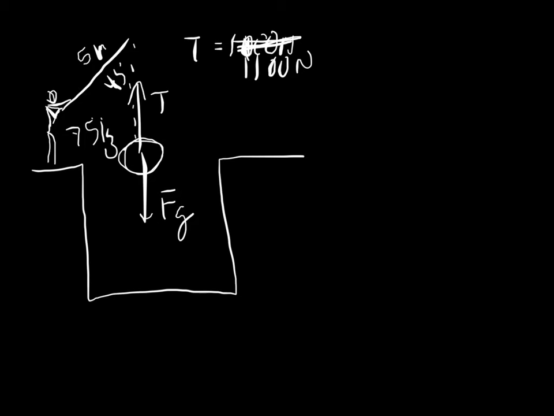Frida? Yeah, FC. And what does FC equal? mv squared over r. So we're going to say the sum of the forces on this is going to equal mv squared over r. Does that make sense to you all?